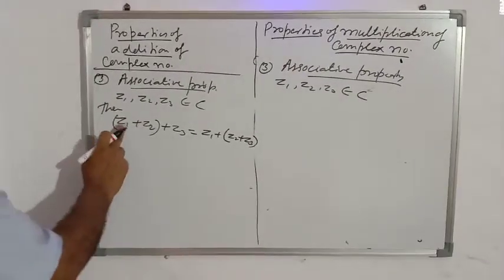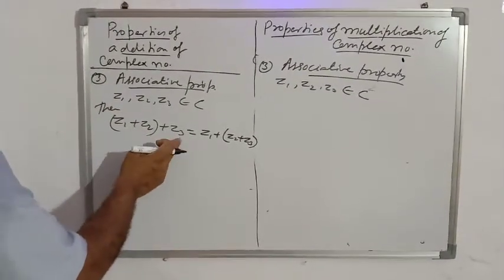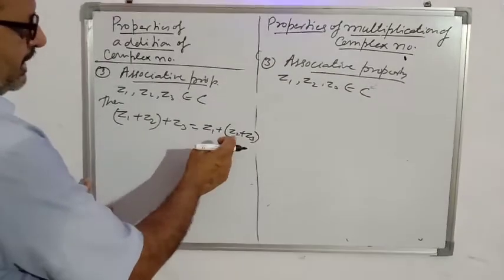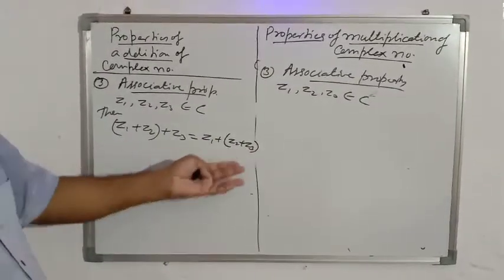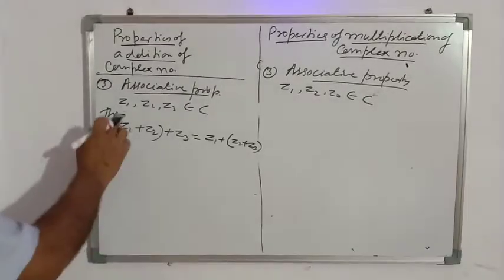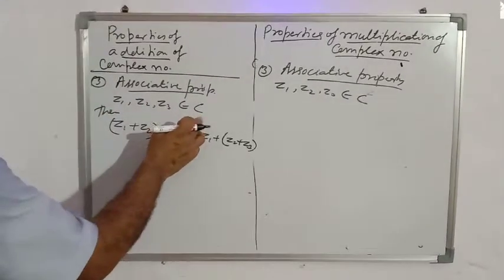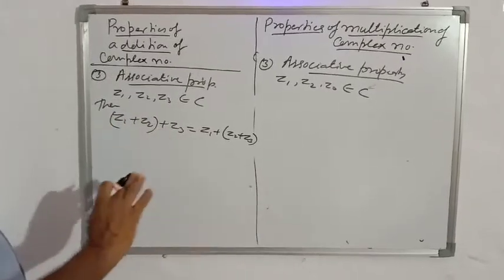Firstly, we are adding Z1 and Z2, then Z3. In the next step, firstly adding Z2 plus Z3, then Z1. So this property is called associative property. So if we take three elements from the complex numbers, we can add them in any order.